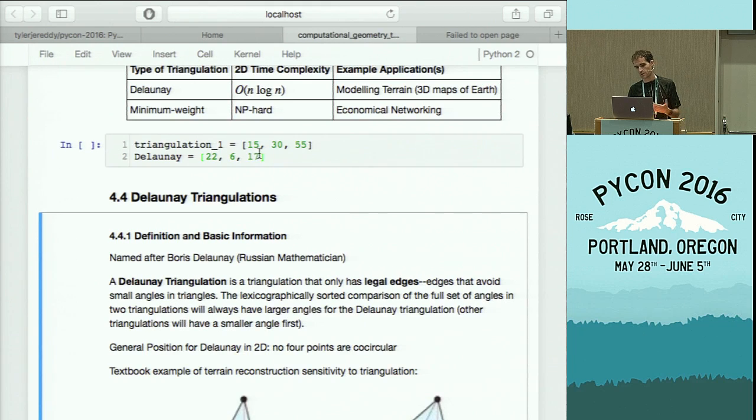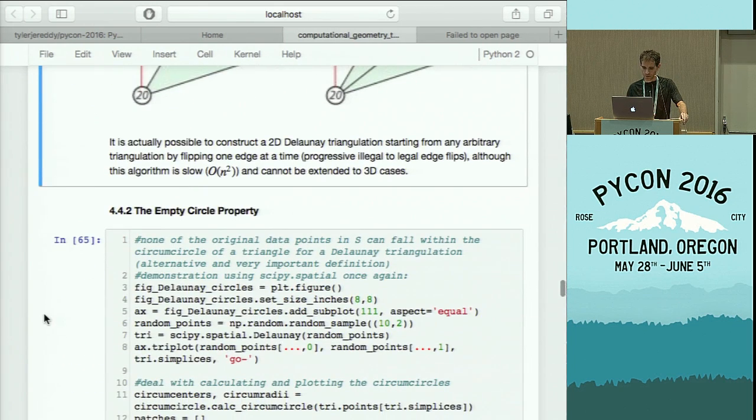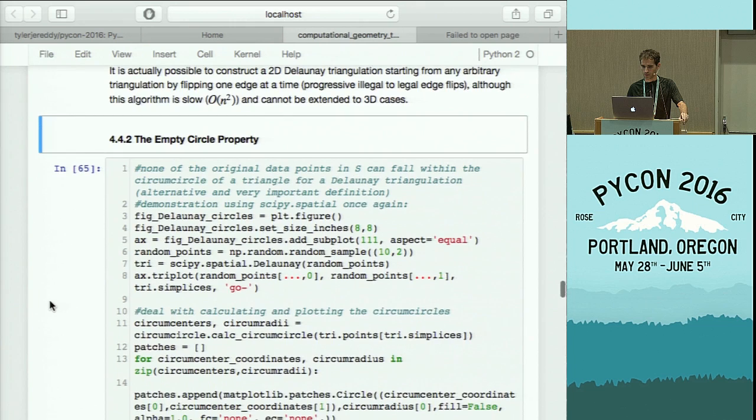In practice you would have far more than 3 angles, and you'd typically have several angles that are really close, but the Delaunay will be a bit bigger, and then suddenly you'll have one that's actually bigger in the other triangulation. This probably isn't the best example, but you'll always have the smaller angle first in the alternative to the Delaunay. So the Delaunay always has large angles at the start, and then it can have smaller angles after. So it tends to avoid the small angles.